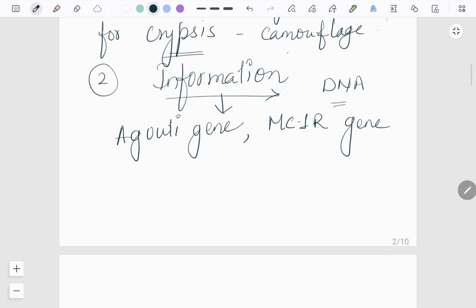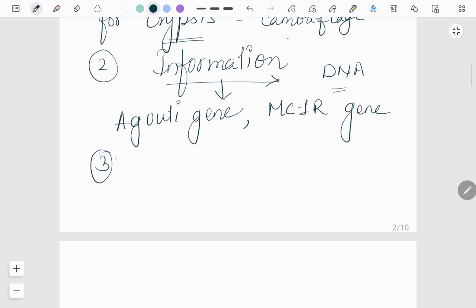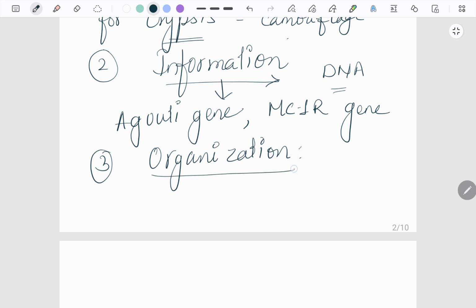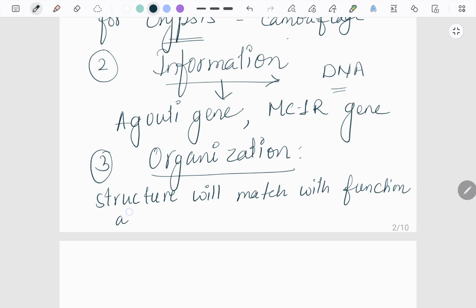If I say organization, any organism that is organized, cellular organization, you know, right? So in the organism, the structure will match the function at each and every step, each and every level of biological organization.